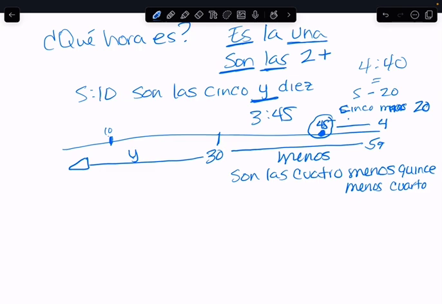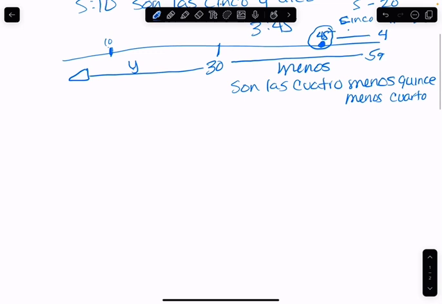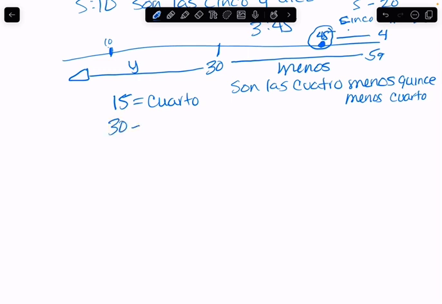Because when we're talking about 15, you can also use cuarto, which means quarter, like quarter till 5, right? Does that make sense? So when you have 30, it could also be media.